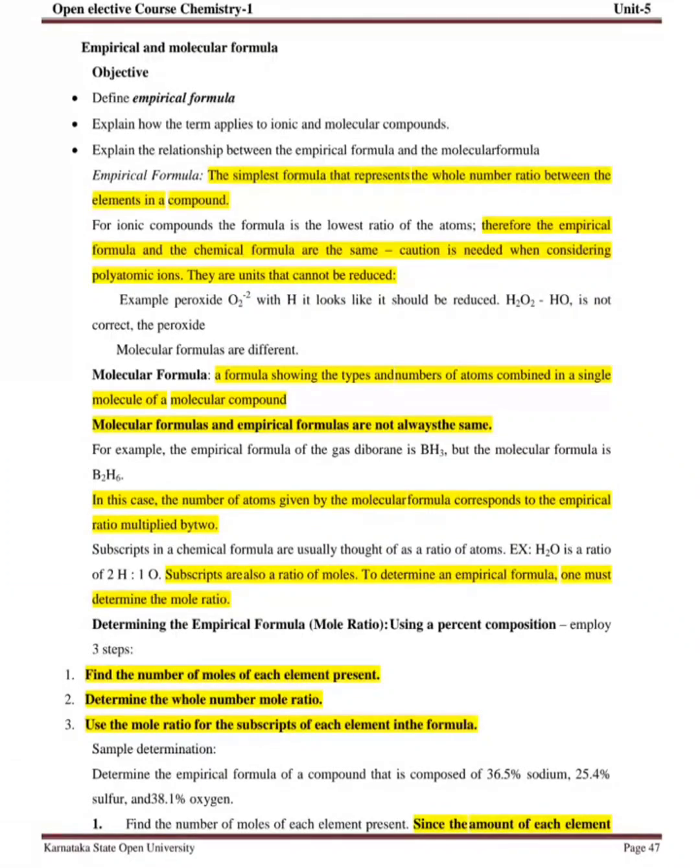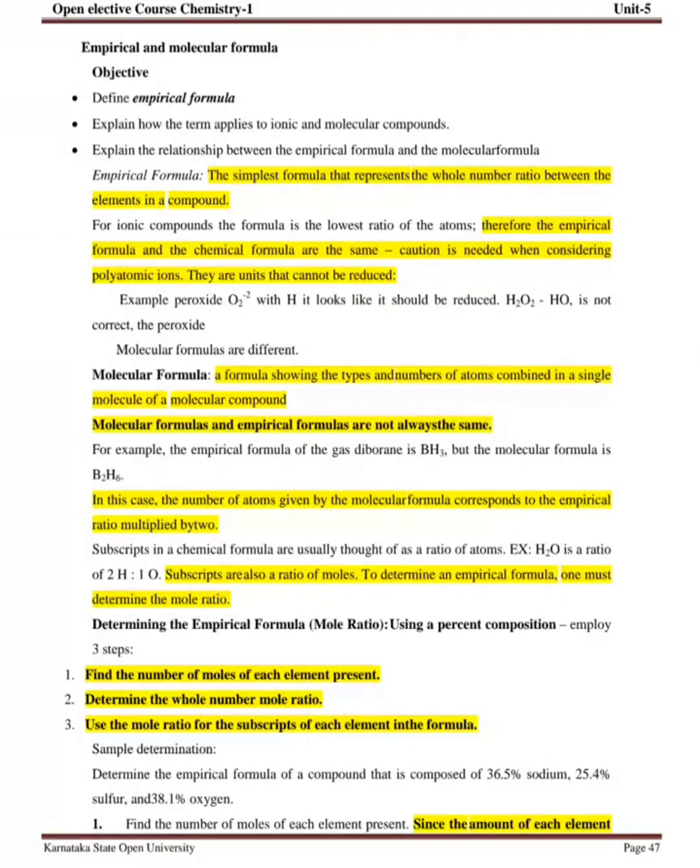Now we are going to study determination of empirical formula by the mole ratio method, classification of properties, matter, nanotechnology, nanomaterials, and how nanotechnology is used in different fields such as medical, electronics, etc., and different types of allotropy. These are the things which you are going to study in Unit 5.